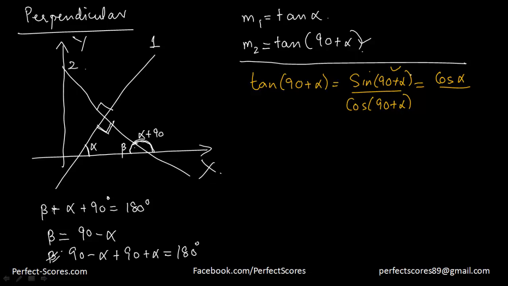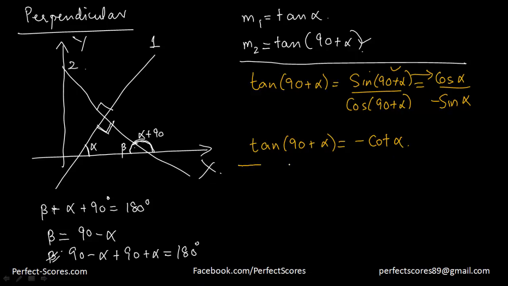So sine of 90 plus alpha is equal to cosine of alpha, and cosine of 90 plus alpha is equal to negative of sine alpha, right? So that means I can say that tangent of 90 plus alpha is equal to negative of cos by sine, which is going to be cotangent of alpha.